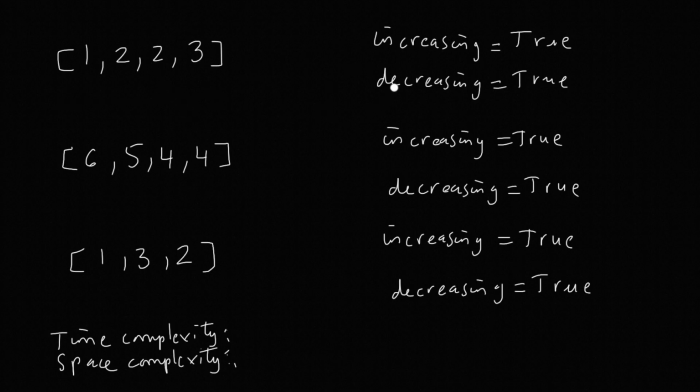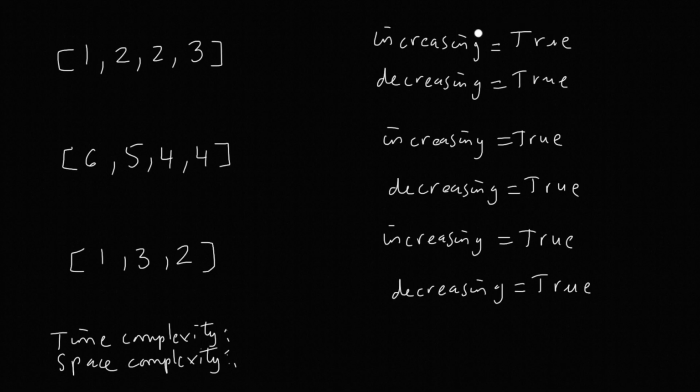An array is either monotone increasing or monotone decreasing. It cannot be both. Now we can have two variables, one is increasing, one is decreasing, to keep track of the condition of the array.